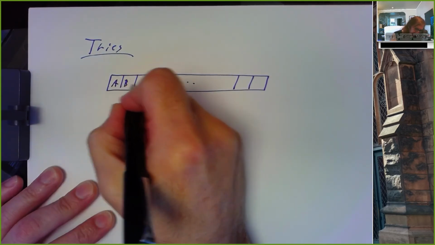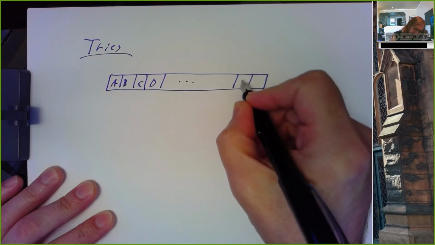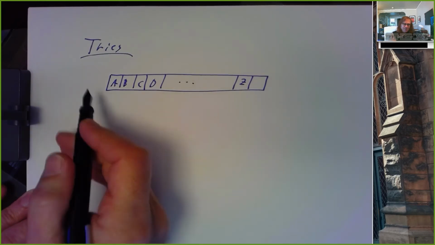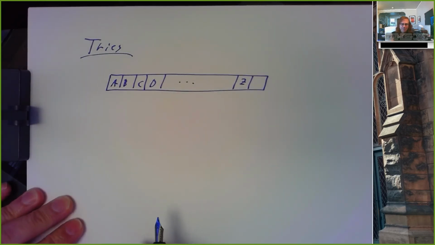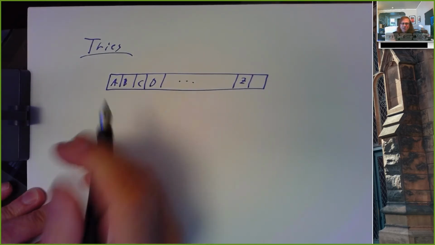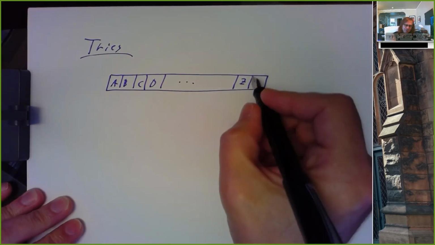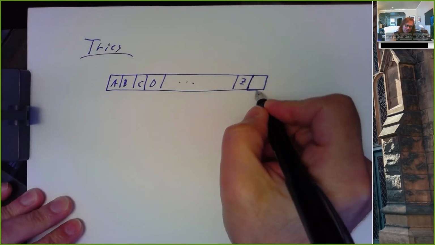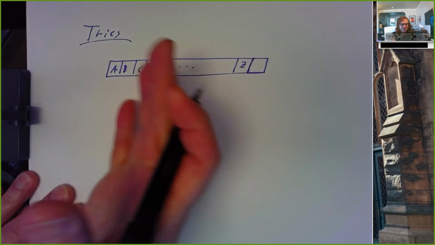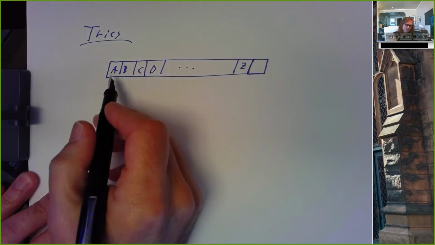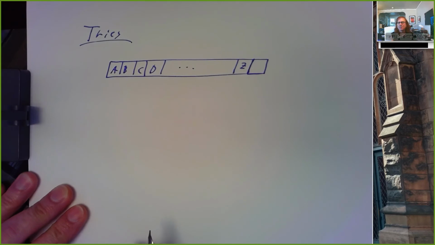And we're going to call these children A, B, C, D, all the way up through Z. And all of these are going to be initially null. So if the A child is null, there's no child underneath that node. So initialize everything to null. And don't worry about this little box yet. We'll talk about it in a minute. All right, so here's our initial try, and it's basically empty. There's nothing pointing to anything here.